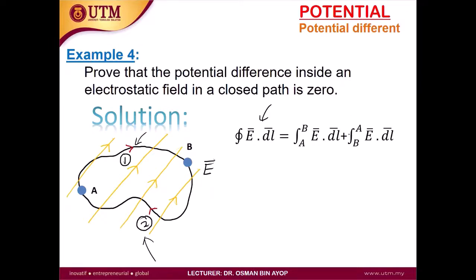Okay, when I change the limits to be opposite, the sign becomes negative. So we can see that this is the same thing. So the total integration, no need to solve, this is equal to 0.